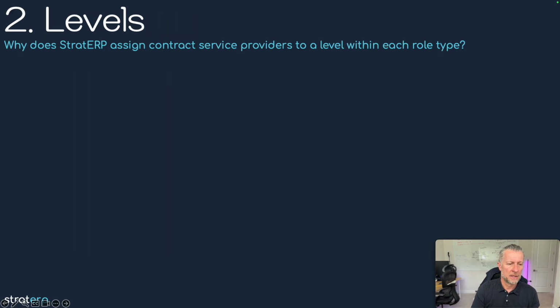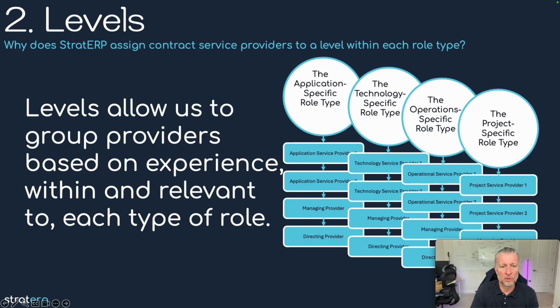All right. So with that, slide 2: why does Strat ERP assign contract service providers to a level within each role type? Well, levels allow us to group providers based on experience within and relevant to each type of role. So even though we have exactly the same number of levels, we probably band them relatively similarly in terms of comp.